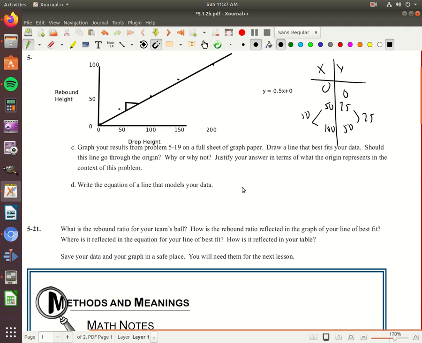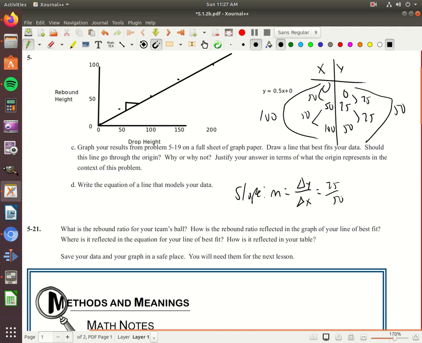That's what slope is. Slope is called m. It's the change in y over the change in x. So we would be able to see that on any of these intervals. Even if we jumped all the way from 0 to 50, it would be 0 to 100. So we would always get 25 divided by 50, or 50 divided by 100 or whatever, but we would definitely get that 0.5. All right, so that wraps up that lesson.